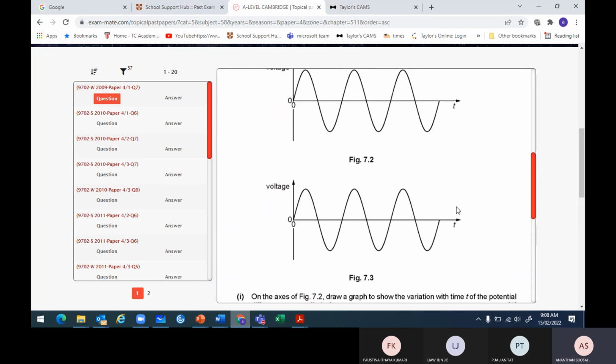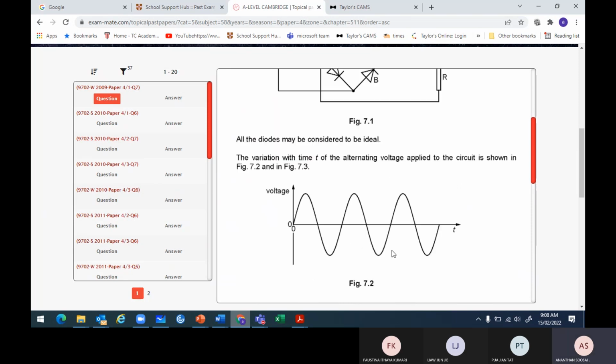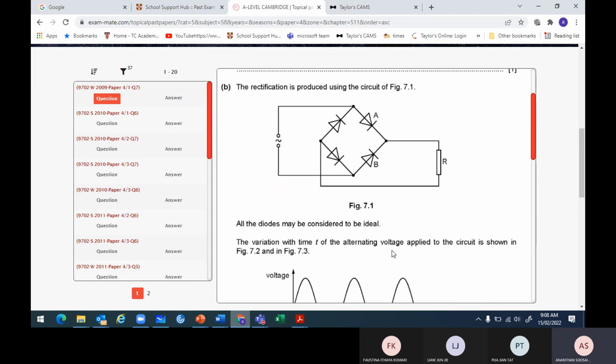They want you to sketch the voltage versus time graph for diode A and diode B. So diode A is where? Diode A is on top. For diode A, how is the voltage variation going to be?